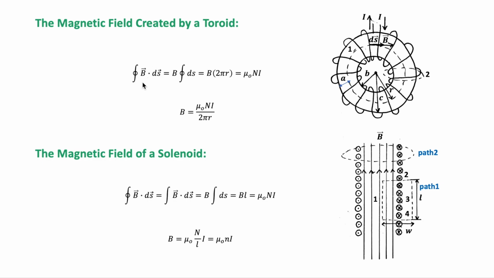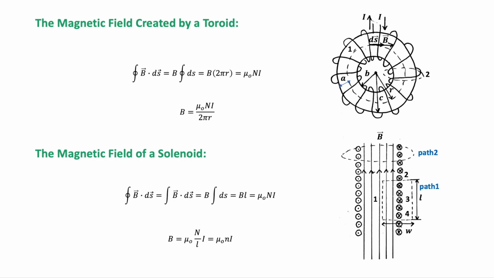But this does not mean that B is equal to 0, because the integral of B dot ds is 0 since the field lines are perpendicular to ds if r is less than b or greater than c, and not because B is equal to 0. If we consider path 2, there is a net current passing through it, which produces a weak magnetic field in the regions external to the toroid.